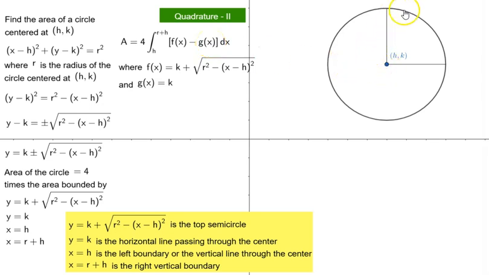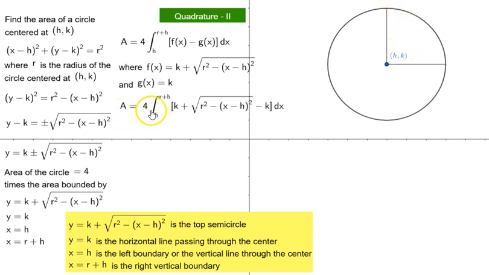See, we require the height of the function from this horizontal line. How do we get that? f of x will give us the height of the curve from the x-axis, whereas g of x will give us the height of the horizontal line from the x-axis. So when we subtract these two, we get this height.